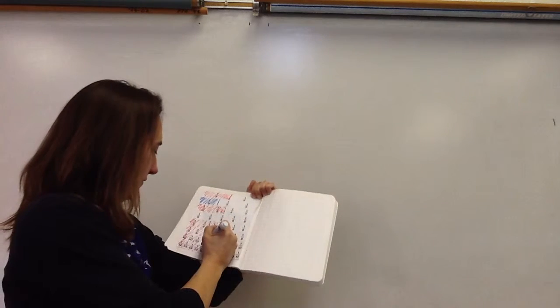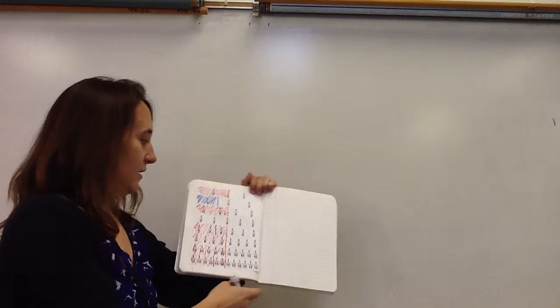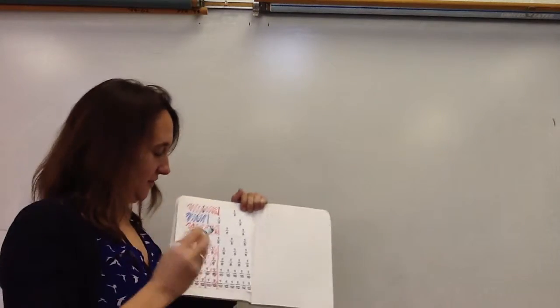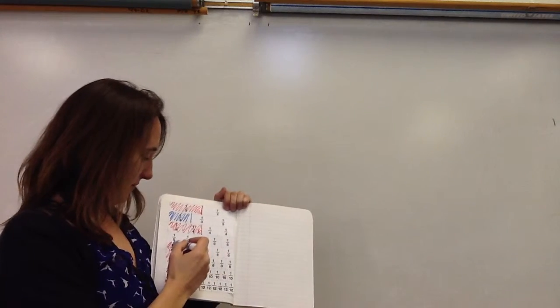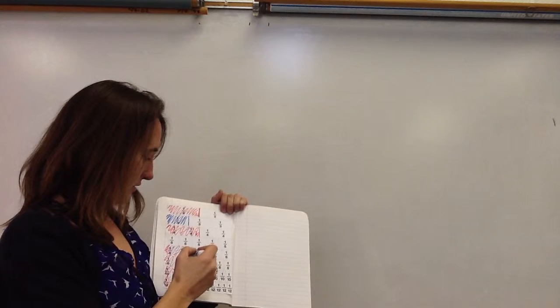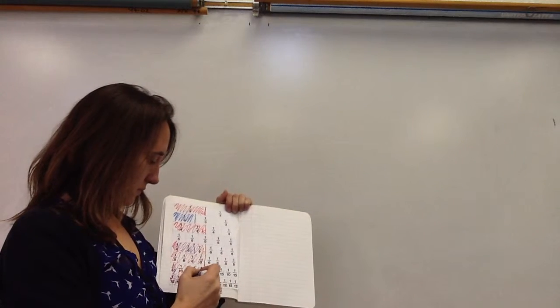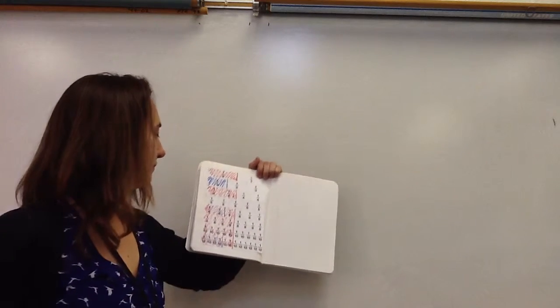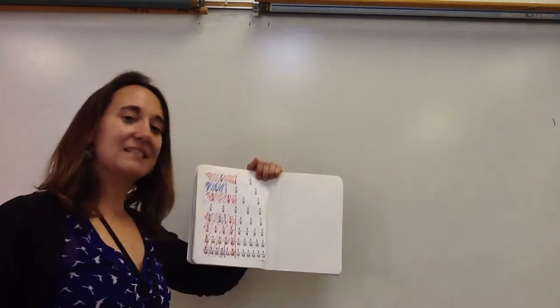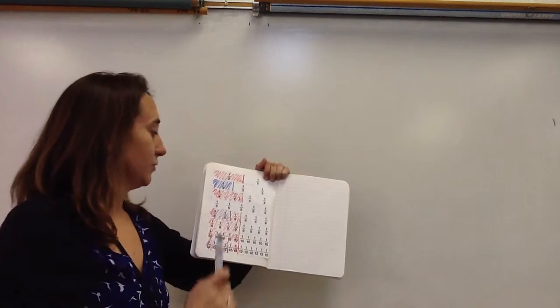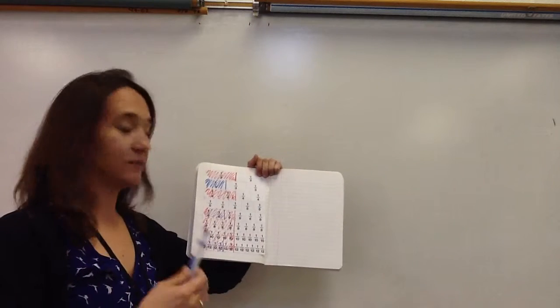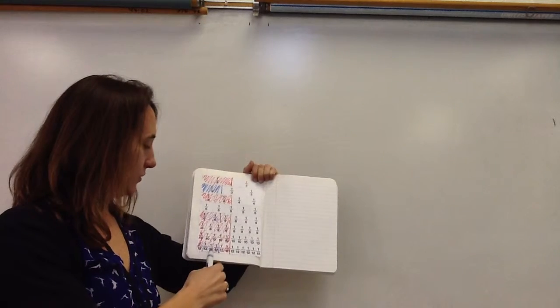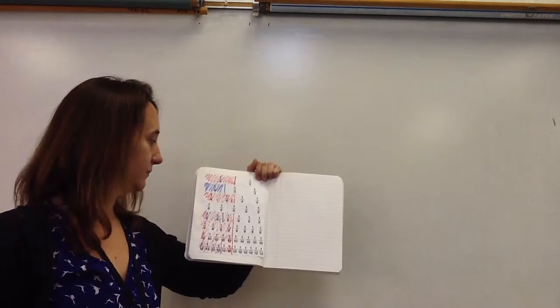Oh, but look in the 12ths, something matches as well. I'm going to very lightly color in with this color on top so I can see that those things match. So how many 6ths is equal to 1/3? 1, 2. 2 6ths. How many 12ths is equal to 1/3? 1, 2, 3, 4. 4 12ths.